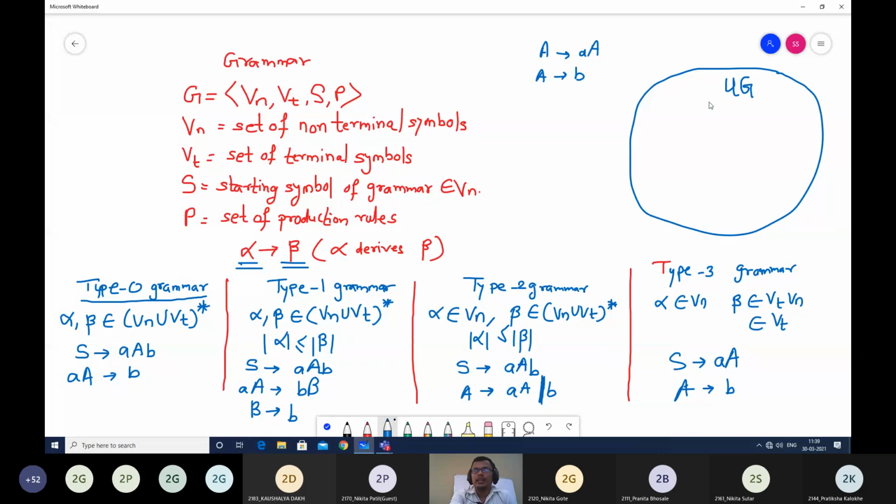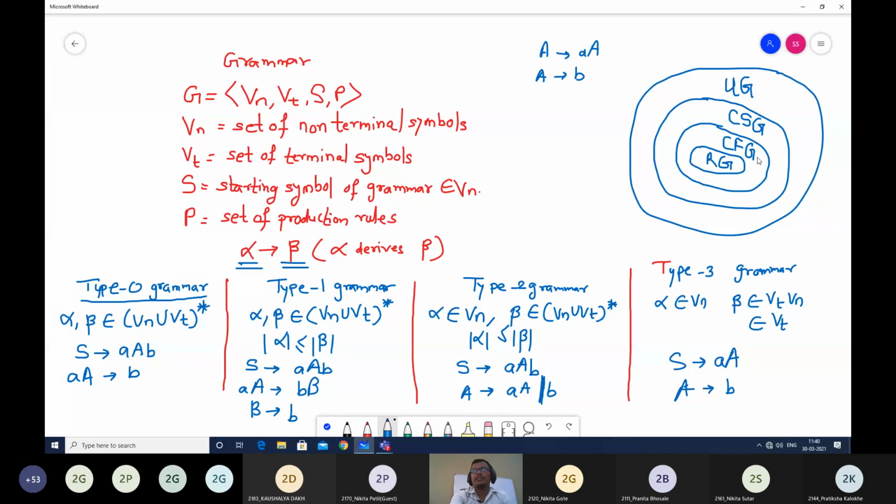Then we have a subset of it in the form of type 1 grammar, which is basically context sensitive grammar, and the corresponding language is called context sensitive language. Then we have type 2 grammar, which we call context free grammar, or the corresponding language context free language. Within that we have regular grammar, or its corresponding language is called regular language.